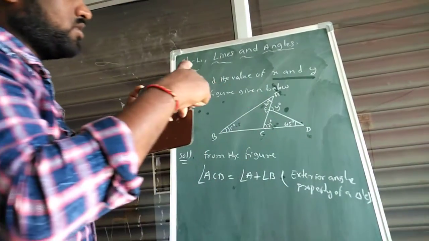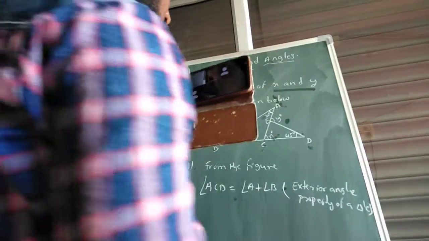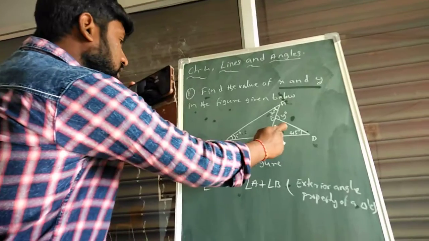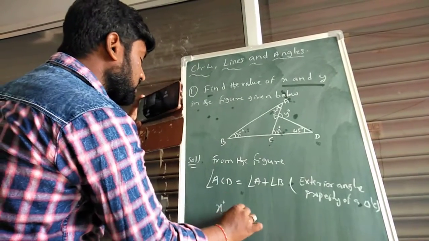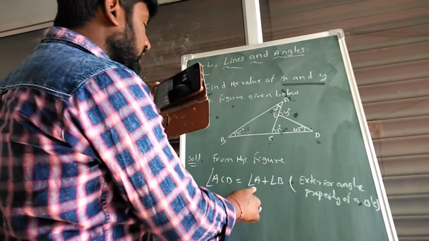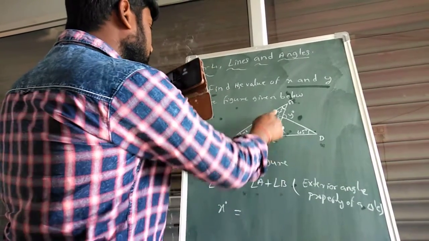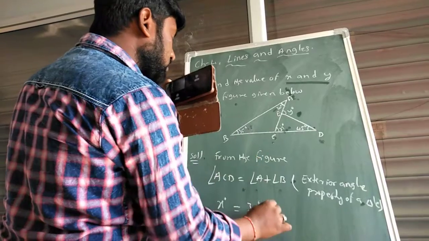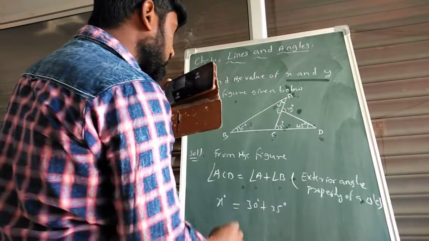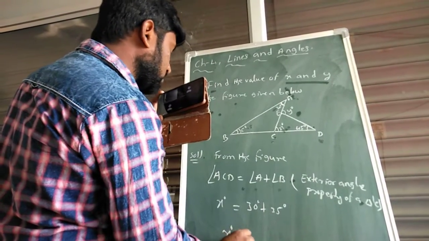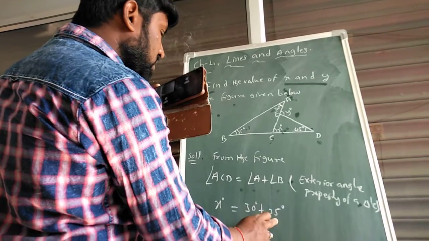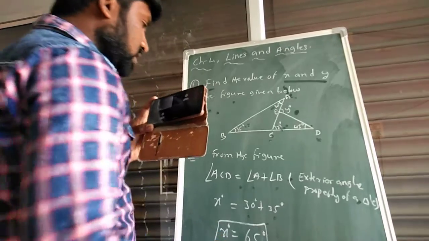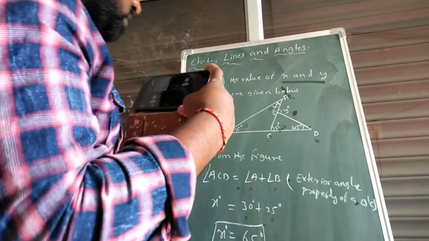Angle ACD, that is x degrees, is equal to angle A plus angle B, that is 30 degrees plus 35 degrees. So clearly x degrees is equal to 30 plus 35, that is 65 degrees. Okay, so this is the first case.